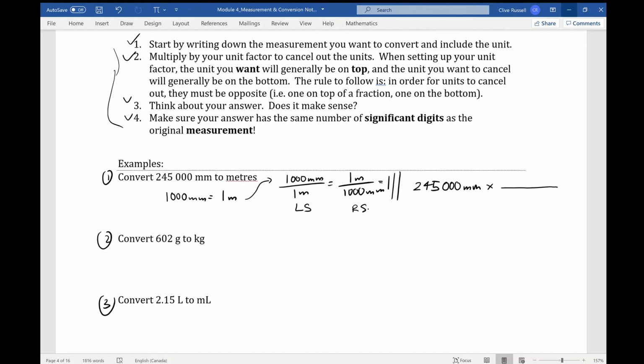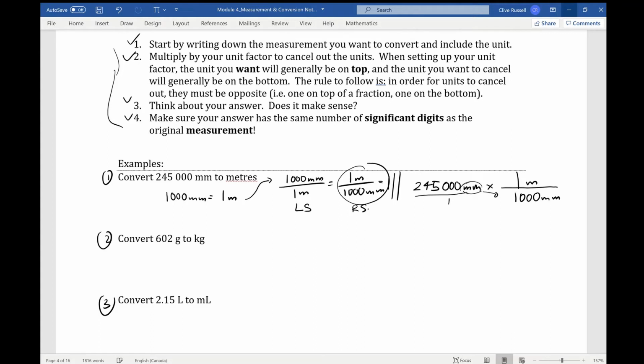Well, because we have millimeters in the numerator here, you could look at this as over 1. You don't have to do it, but it's over 1. So the millimeters is in the numerator. So you want to find the unit factor with the millimeter in the denominator. So we have to choose that one, and you'll see why shortly. So I'm going to write 1 meter here and 1,000 millimeter.